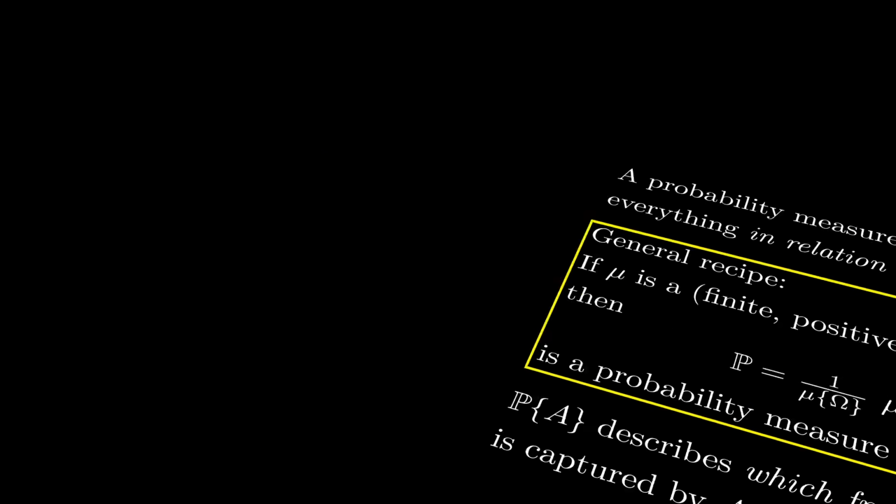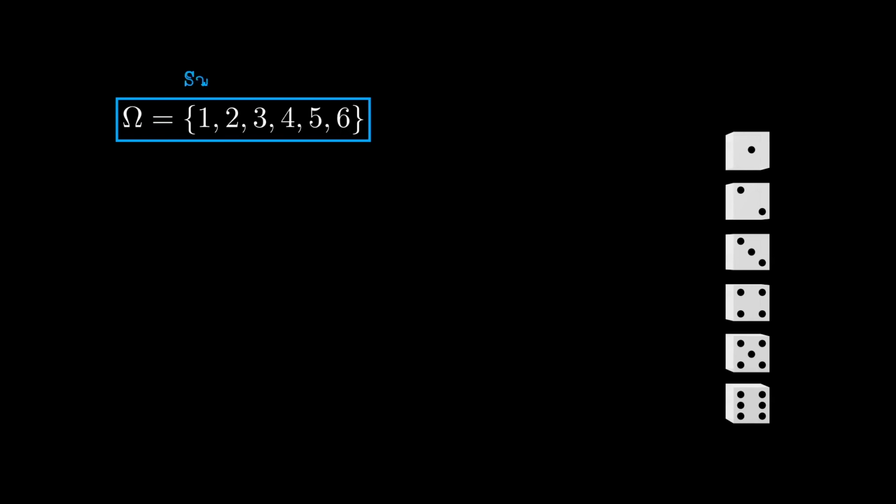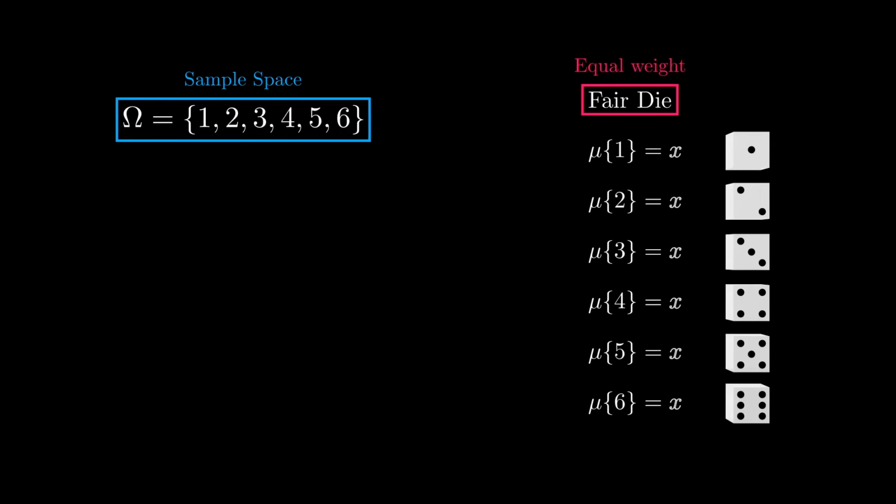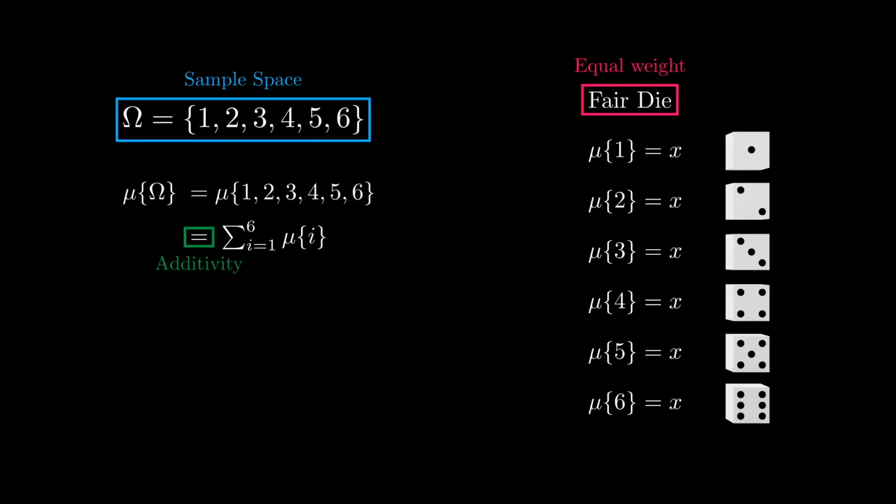As second example, let's consider the rolling of a die. In the last video, we have seen that the sample space is given by the numbers 1 to 6. And if we again assume that the die is a fair die, then this would mean that we assign the same weight x to each of these outcomes. Then, by using again the additivity here, we find that the weight of the sample space Ω is given by the sum of the weights of each of these outcomes, which is simply 6 times x.